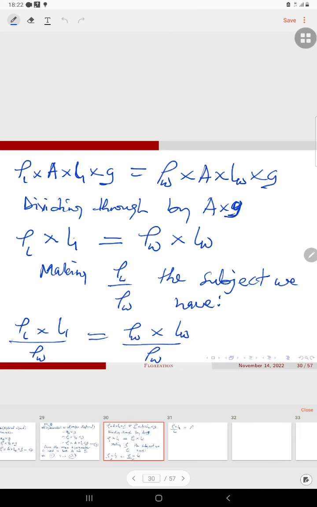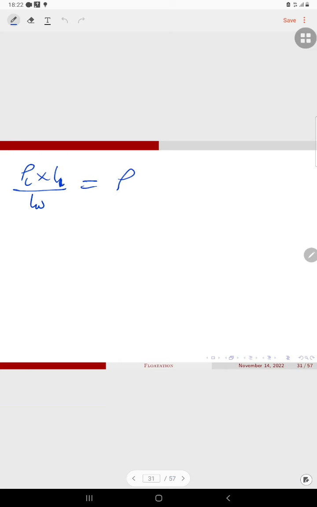Rho W LW over rho W. This is what we have. So I just repeated it to avoid trouble, okay?